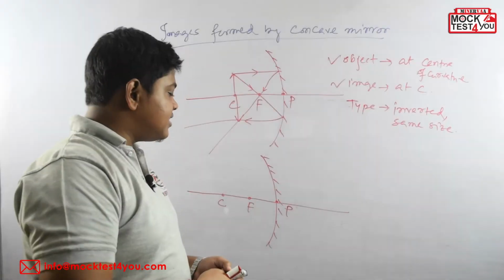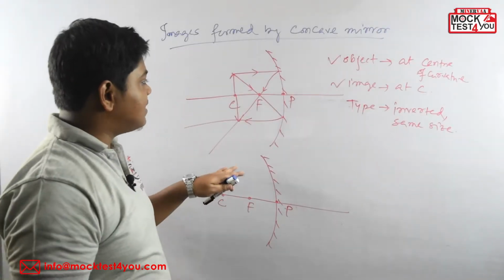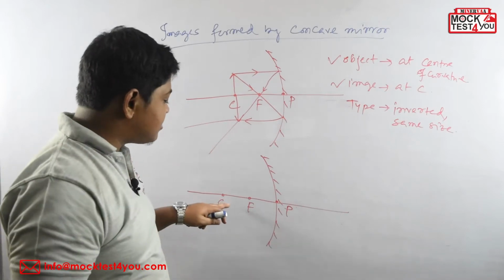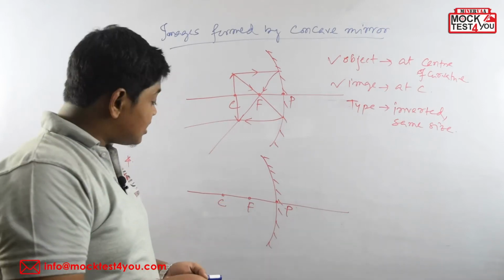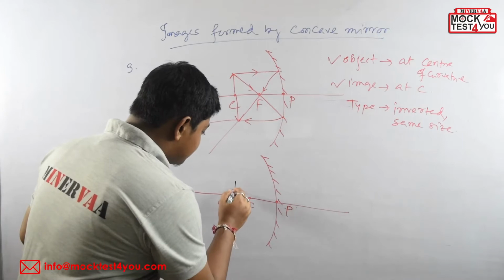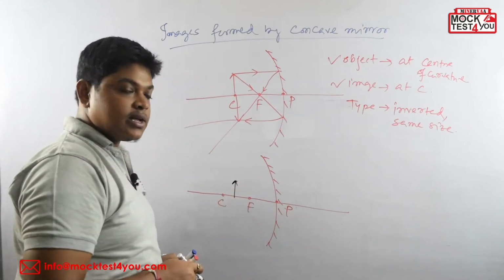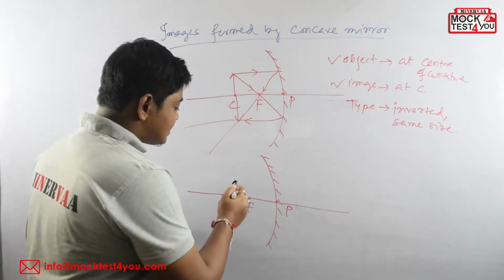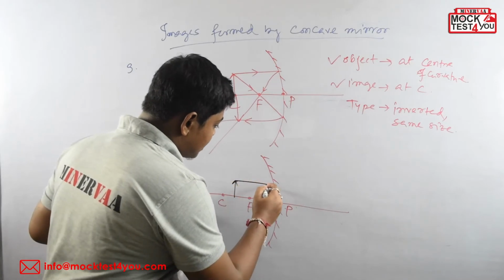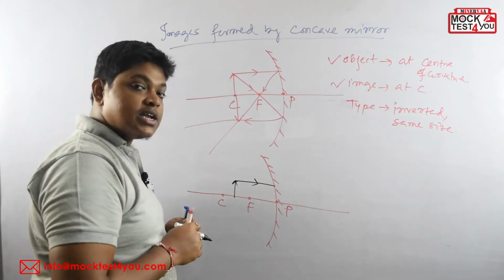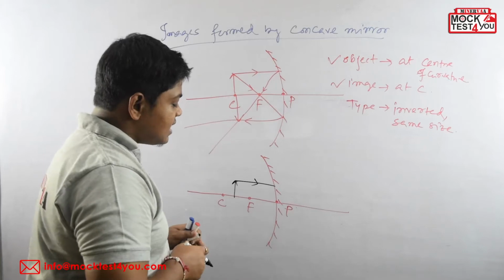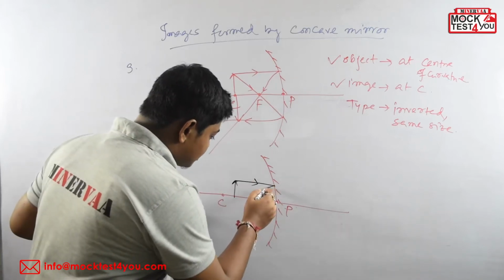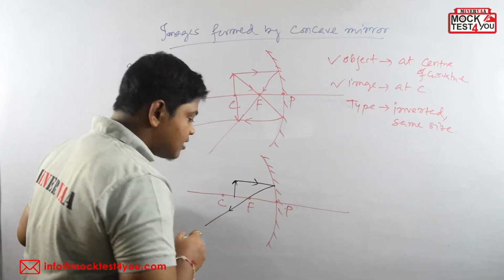Now we have the next case where we are placing that object in between the center of curvature and focus. तो अगर हम ऑब्जेक्ट को सेंटर ऑफ कर्वेचर और फोकस के बीच में प्लेस करते हैं, and it's a luminous object, then obviously the light rays will emit from it and it will pass like that, parallel to the principal axis. And after the reflection, it will obviously pass through the focus, right?